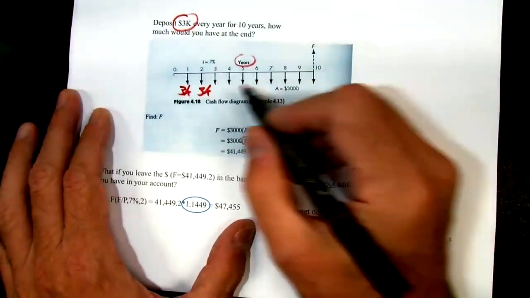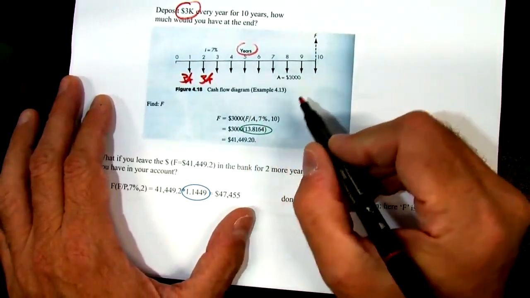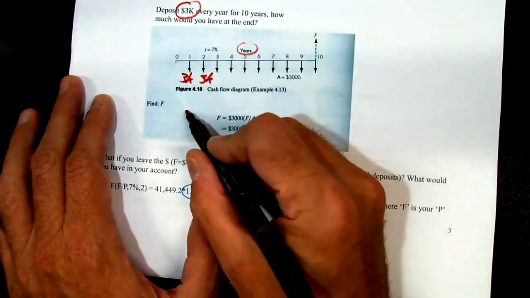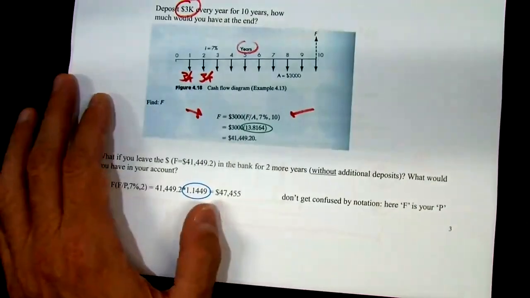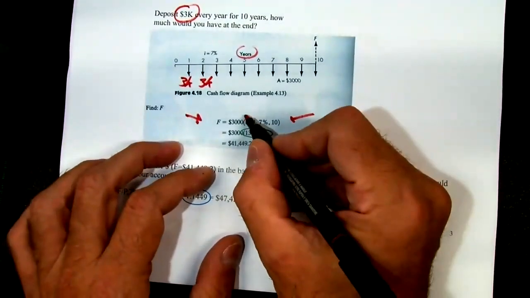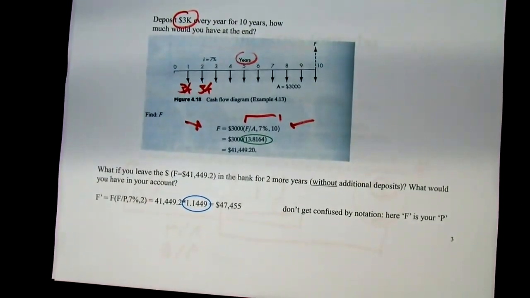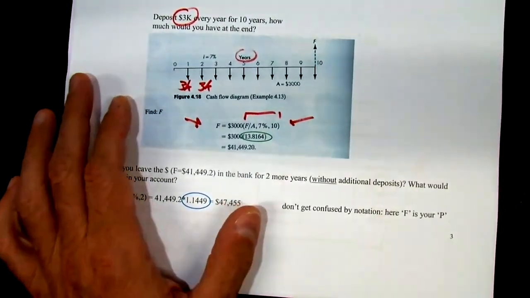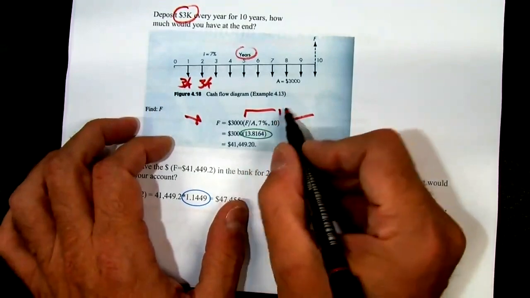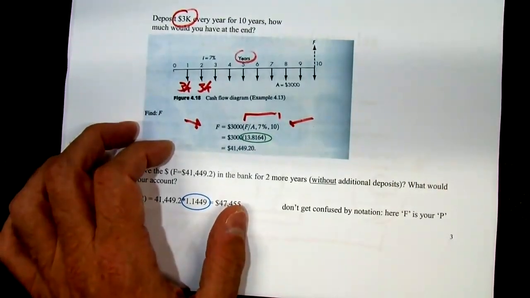So if you do that, you would directly apply the F given A equivalence calculation with the coefficient, which, similarly to before, is identified as such.